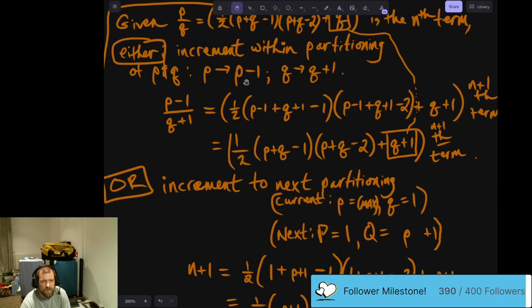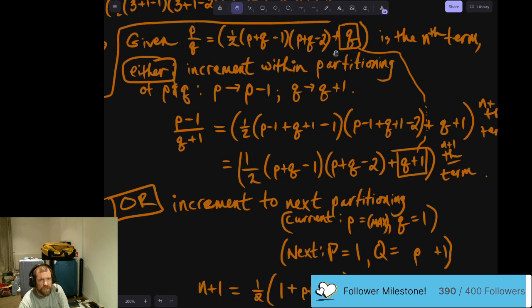Our P is going to become P minus 1. Our numerators are ticking down 1 every time, and our Q's are all ticking up 1 every time. So that's nice and easy. I got a Q plus 1. The only difference between our original and the new one is this Q plus 1 at the end instead of a Q. So therefore we've incremented by 1, and therefore the nth term became the n plus 1th term when we do that increment.